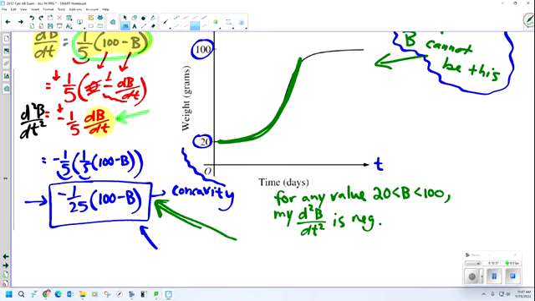If I put any number here between 20 and 100, okay, 73, I get a positive value in the parentheses, but a positive times a negative will give me a negative value. So for any B value between 20 and 100, my overall second derivative is negative.